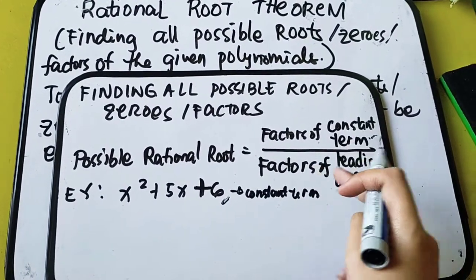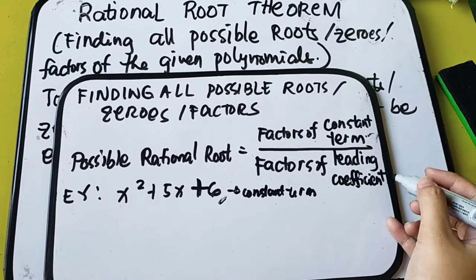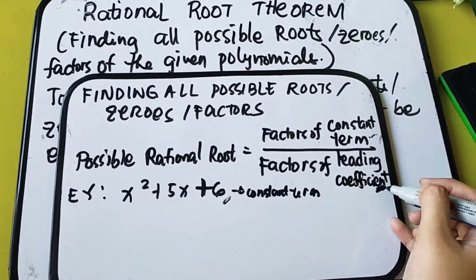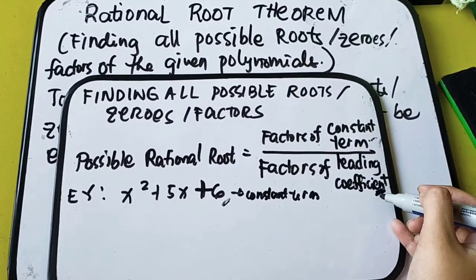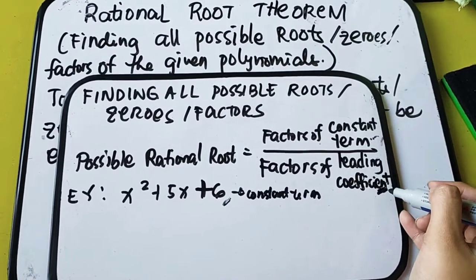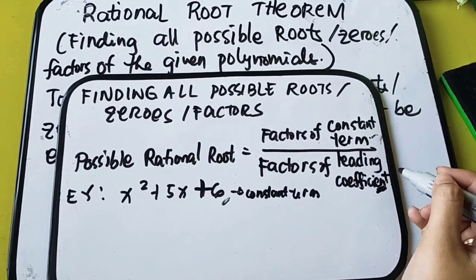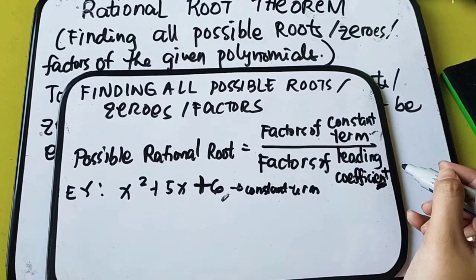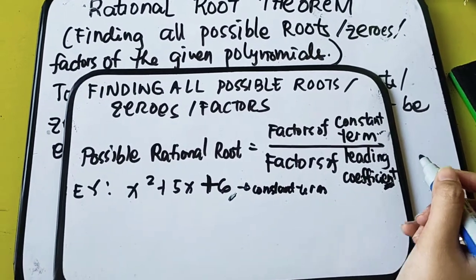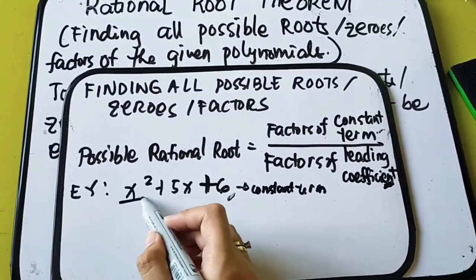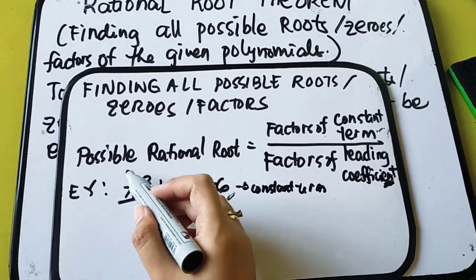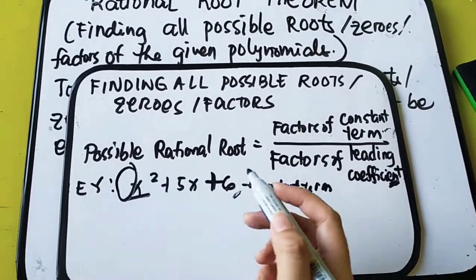Next, factors of the leading coefficient. Sino naman yung leading coefficient? When you say leading coefficient, this is the numerical coefficient with the highest exponent. Sino ba yung may pinakamataas na exponent? We have here x squared. Ngayon, ano yung numerical coefficient ang katabi ni x squared?